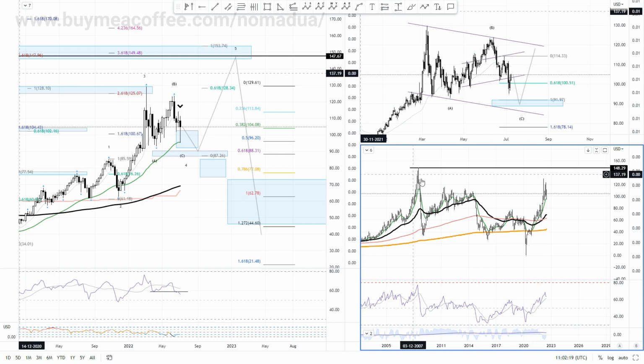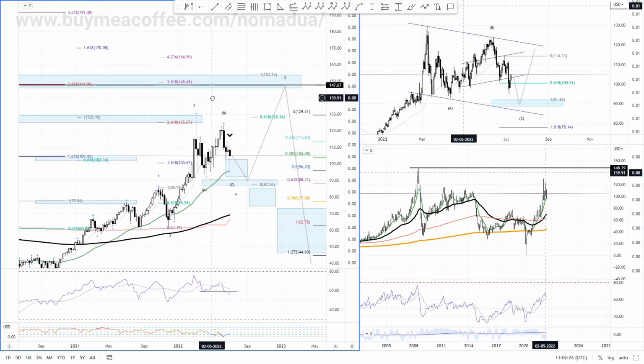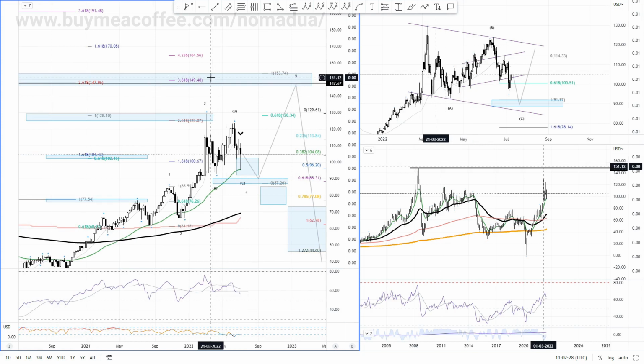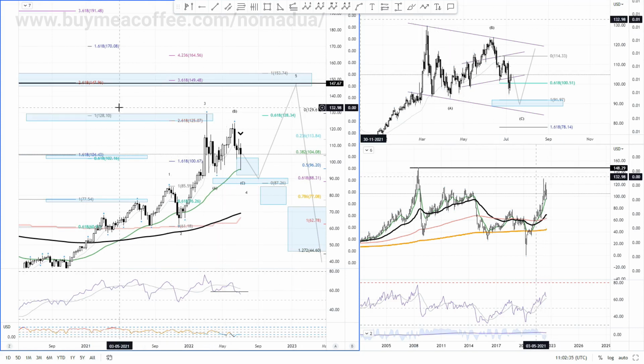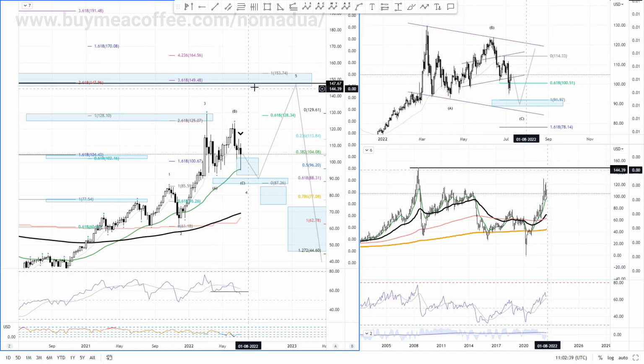Also, if you look at the level 146, we have some reversal zone here, like the same reversal zone we had here, and we got a strong pullback from it. And the same reversal zone is here.